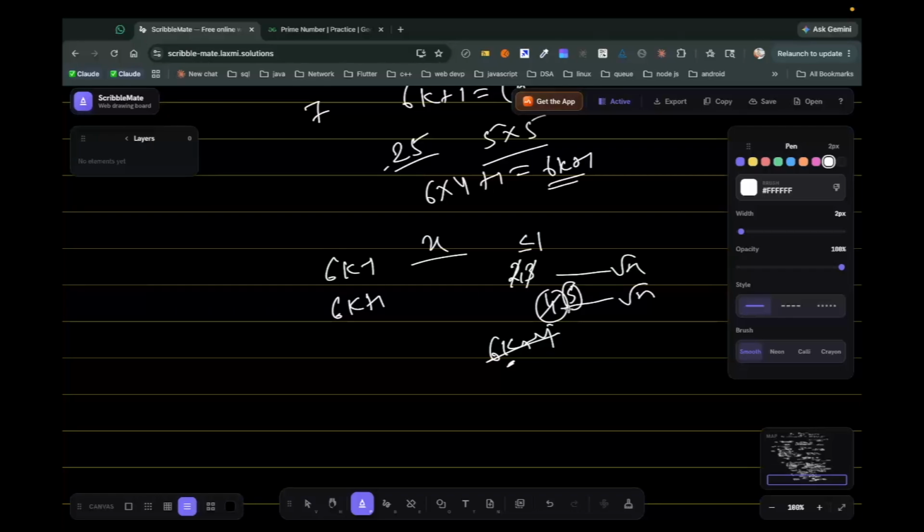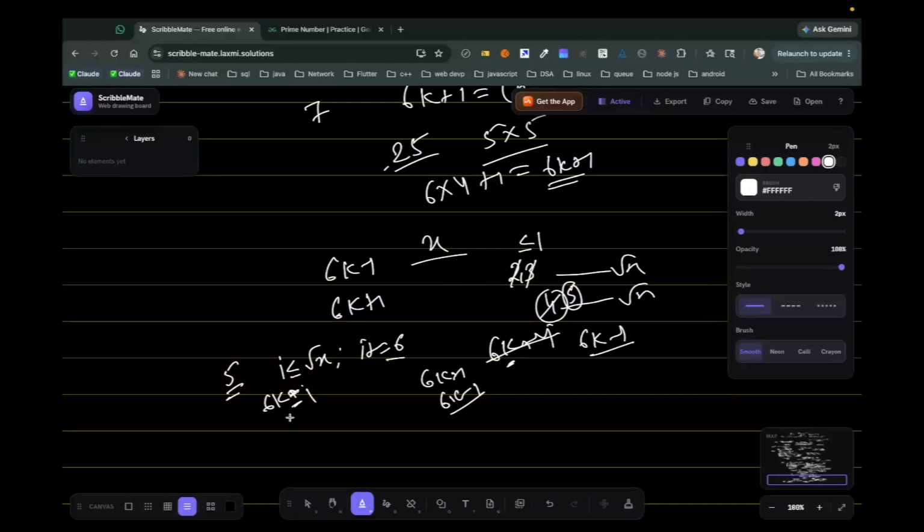Now the next term is 5, that is of the form 6k minus 1. So we'll start with 5, and loop while I is less than or equal to root of x, with I plus equal to 6. Why 6? I'll let you know. Now we have to check for 6k plus 1 and 6k minus 1, and 5 is of the form 6k minus 1.